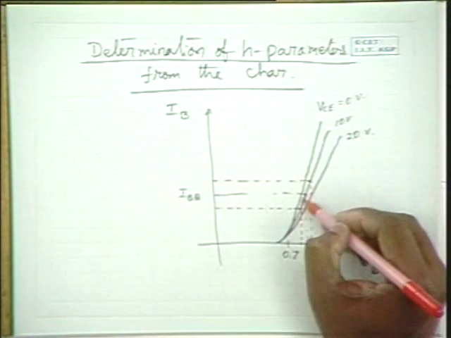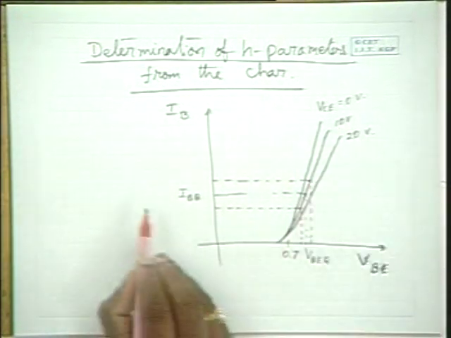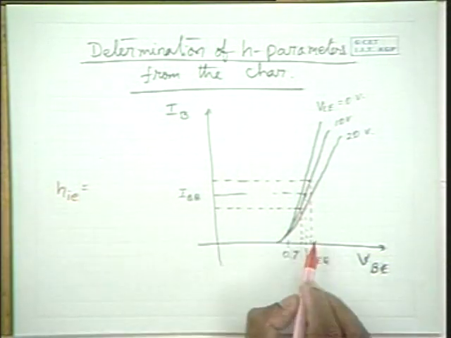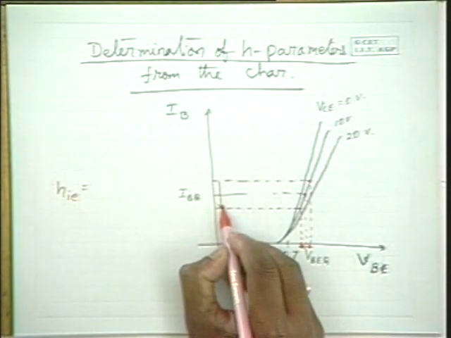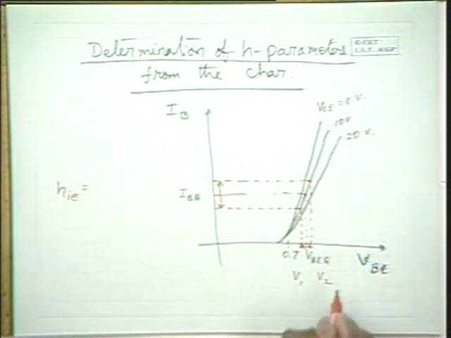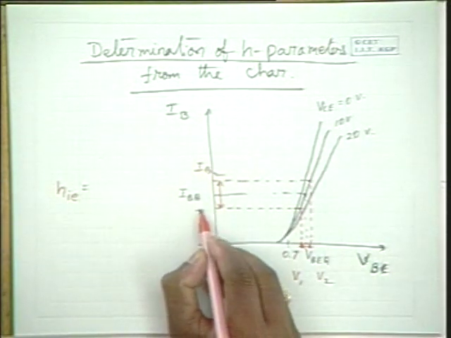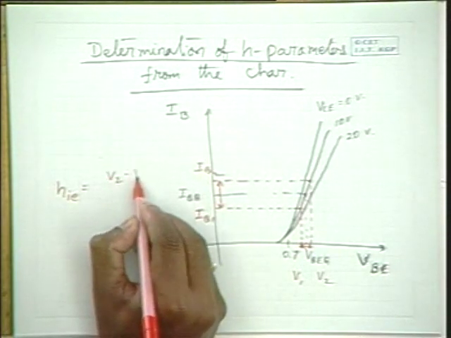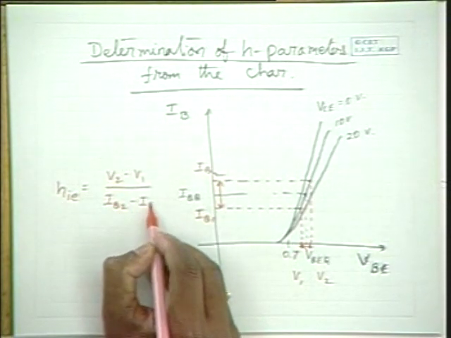And when VC is kept constant at VCQ, that means the HIE is equal to this quantity divided by this quantity. If this is V1 and this is V2, and if this is IB2 and this is IB1, so HIE is V2 minus V1 by IB2 minus IB1.